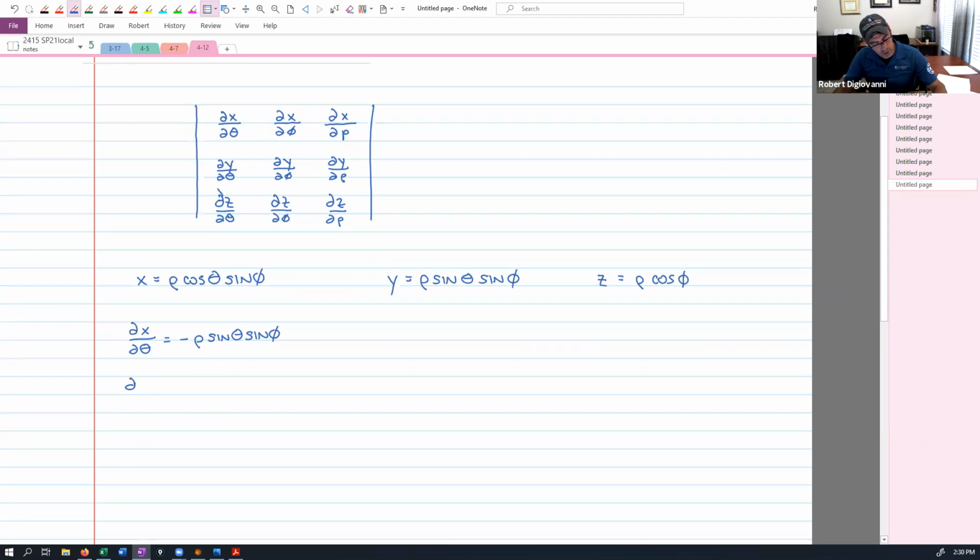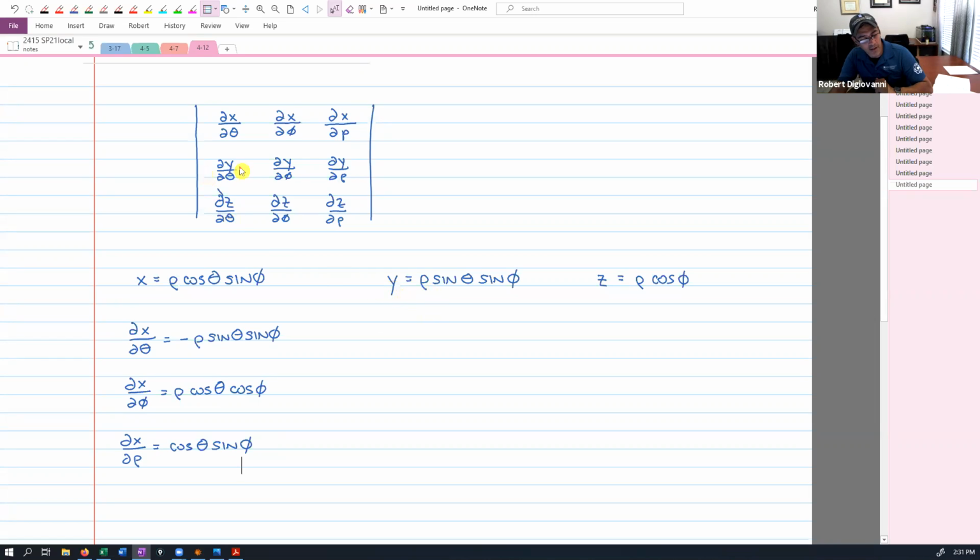I also need the partial of x with respect to phi. Rho and cosine theta don't change, and sine phi becomes cosine phi. I need the partial of x with respect to rho. Well, that's a nice one, because if rho is my variable and the rest are constants, then that just becomes 1, so it's just cosine theta sine phi. Okay, we've got 3 of the 9 partial derivatives.